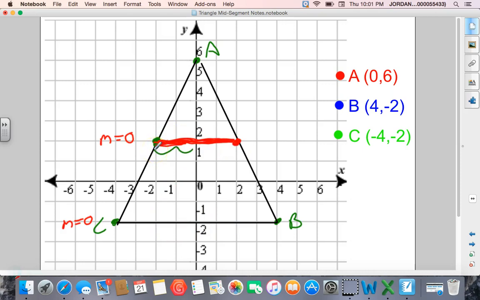So this is 1, 2, 3, 4. And then CB is 1, 2, 3, 4, 5, 6, 7, 8. And we'll call this DE, the midpoints. So DE is 4 and BC is 8. So we can see that 4 is half of 8.